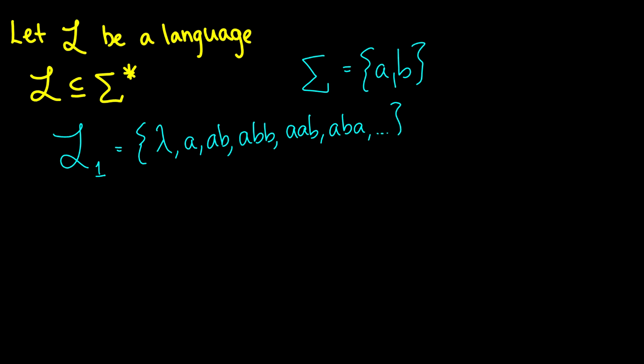So we can write this as the set of, let's call it strings S. Actually, we shouldn't call it strings. Standard notation is W for word, where W begins with an A. So we can have a language like that.